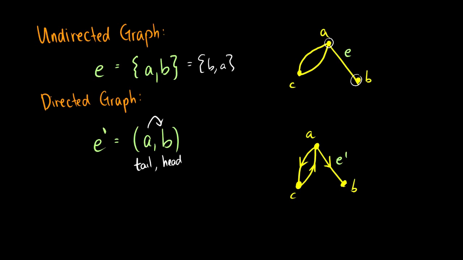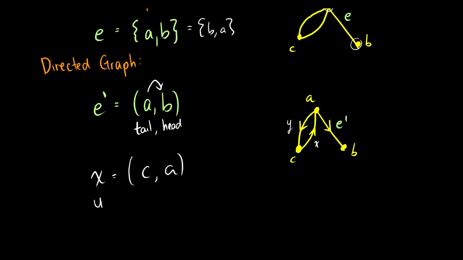So for instance, what is this X right here? How do we write that? Okay, X goes from C to A, so we write X is (C, A). What about this Y here? Well, Y would be (A, C). So these two are different.